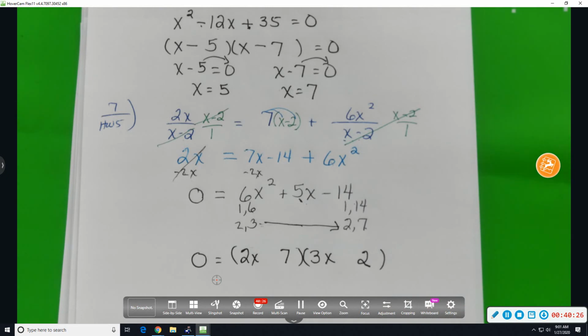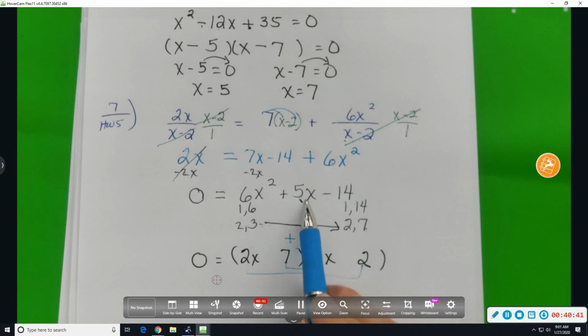Can I make it give me that 5x? Keep in mind, the second sign is minus, so there's a plus and a minus. When you look at this, 21x and 4x, am I going to get a 5x out of that? No. So the 2, 7 won't work with the 2 and 3.